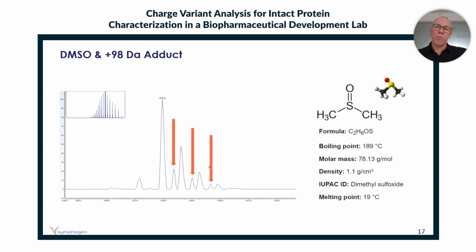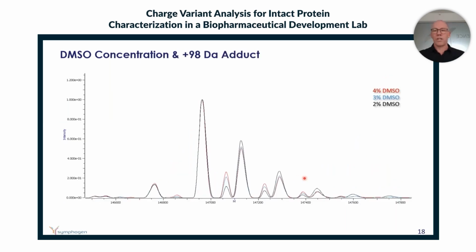But in any case, we wanted to verify whether the DMSO quality was linked to these adducts that we are observing. So what we did initially was we tested the same sample, but with different amounts of DMSO. And indeed, we see a correlation with the adduct intensity.